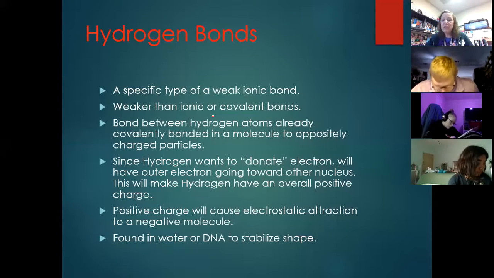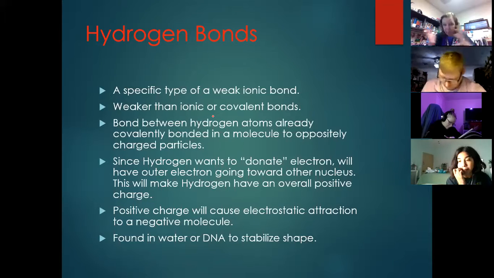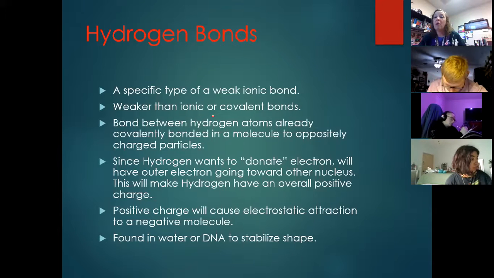And then finally, just to review, our hydrogen bonds, remember, are kind of a combination. We have oxygen and hydrogen pre-bonded together into a molecule, and that molecule has a positive and a negative area, and that allows it to bond via electrostatic attraction to other molecules.